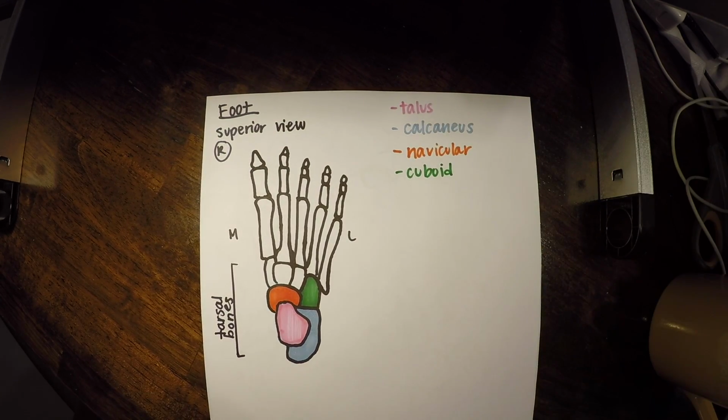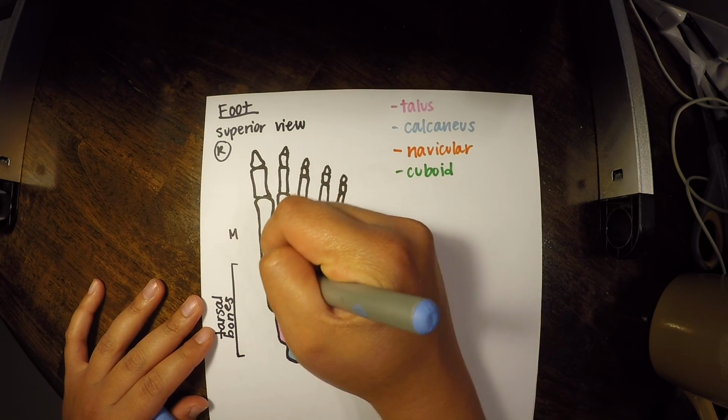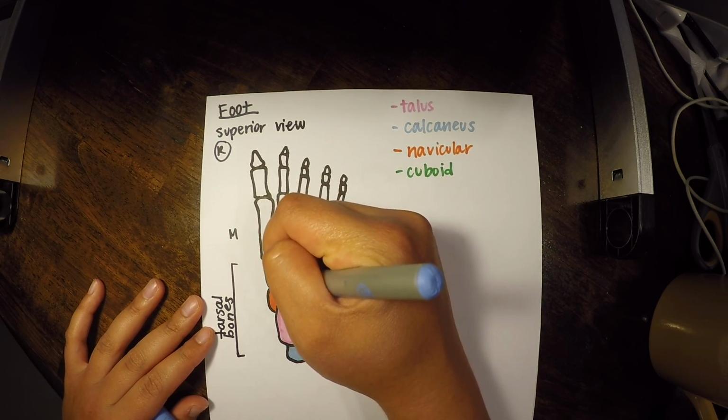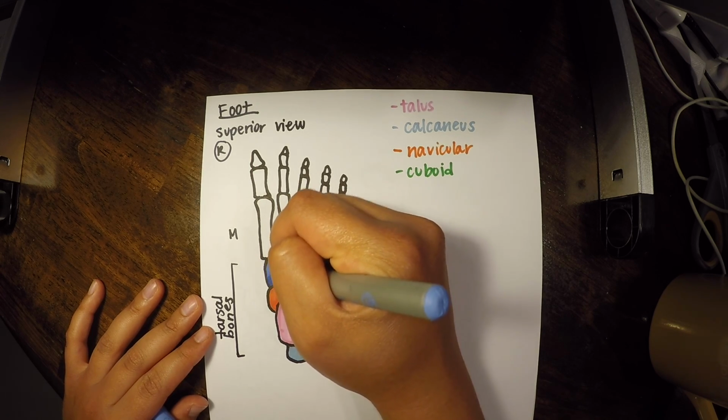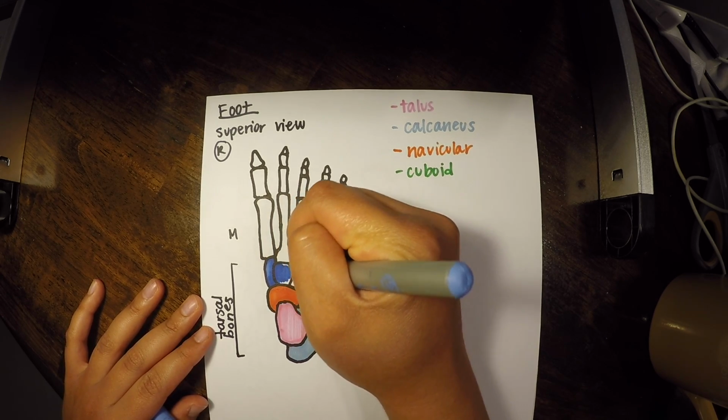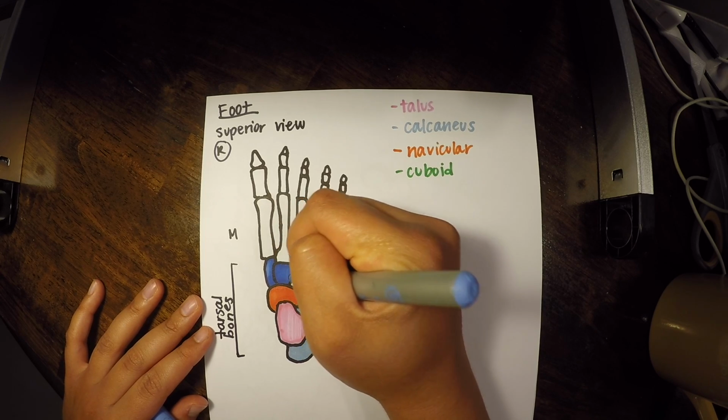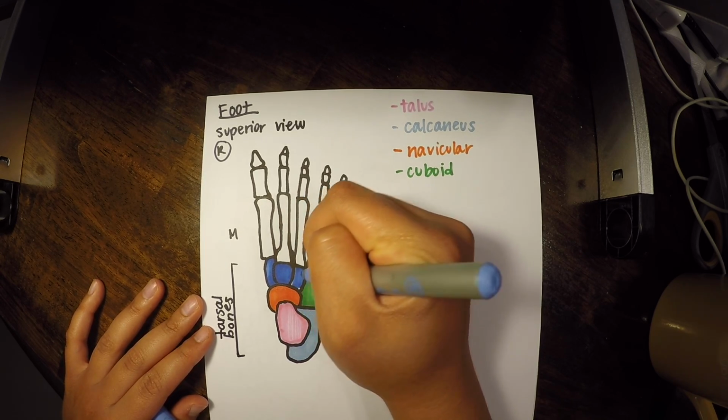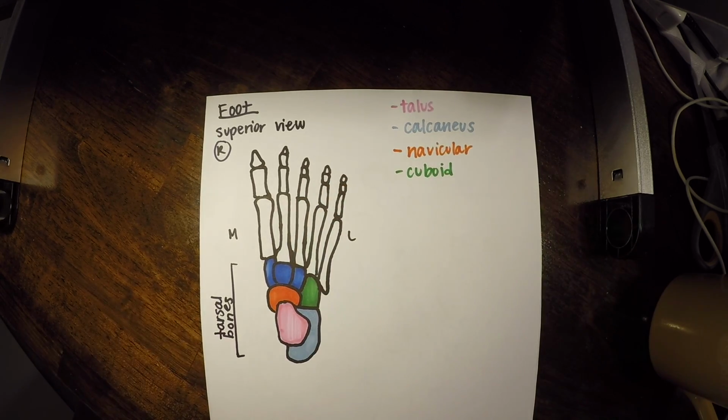That's our cuboid. Alrighty, then we have a group of 3 different bones, and they are called the cuneiforms. We got 1, 2, and 3. Whenever we label anything in the foot, it's always going to be the same thing as the hand. So your big toe is kind of like your thumb.